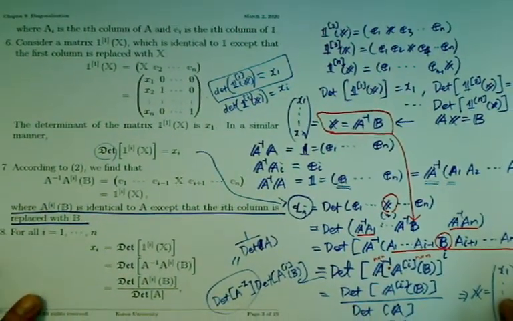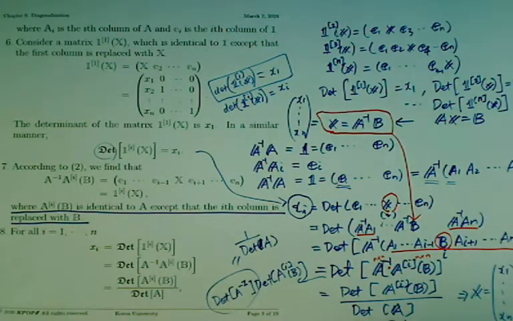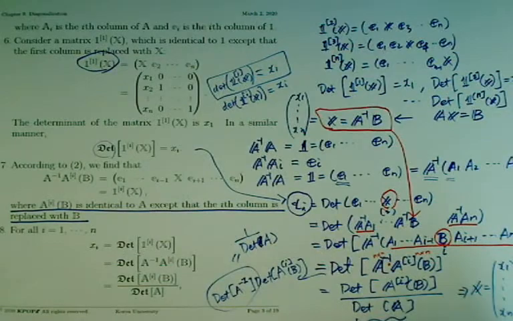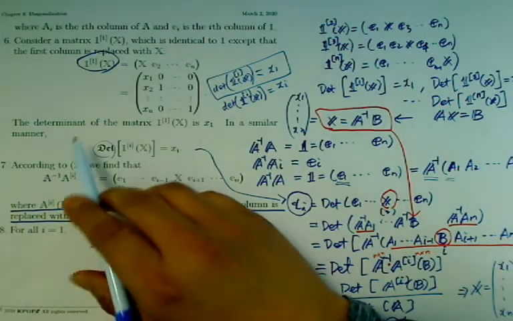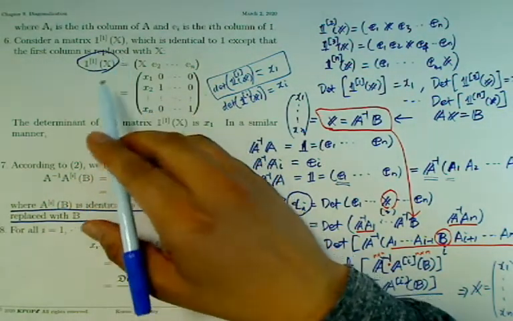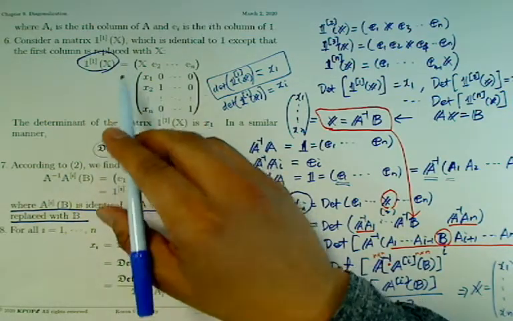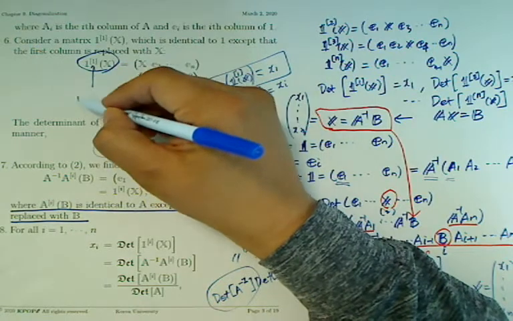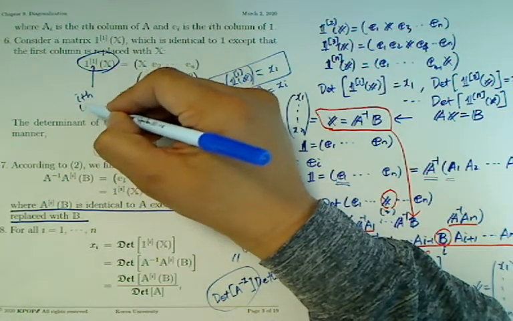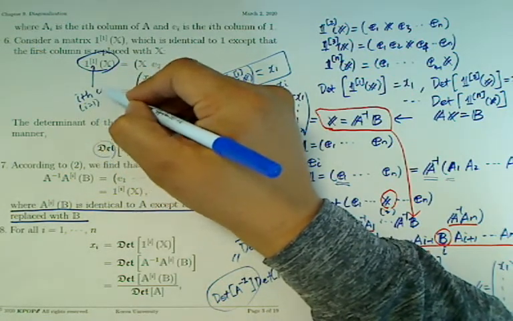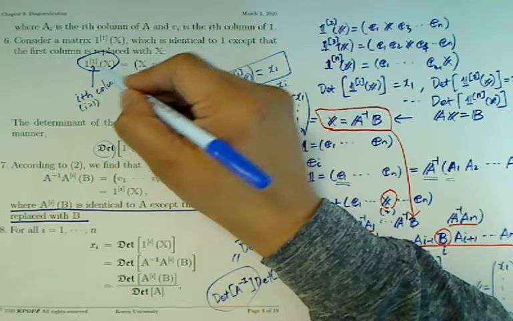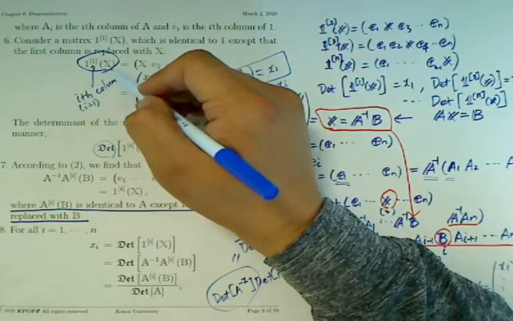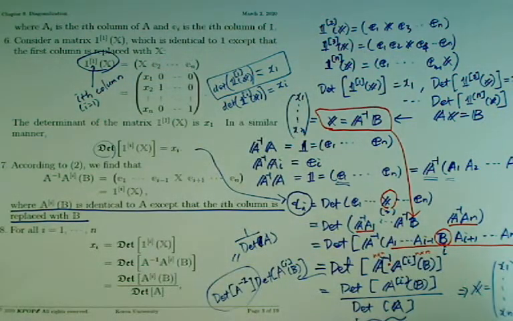Next, let us introduce this kind of representation. This one is the same as the identity matrix, except that the ith column of the identity matrix is replaced with x.